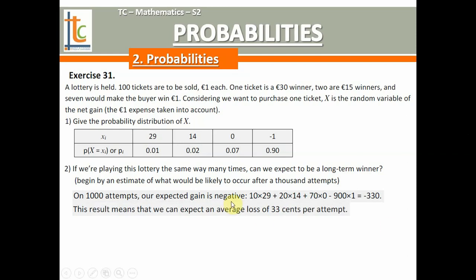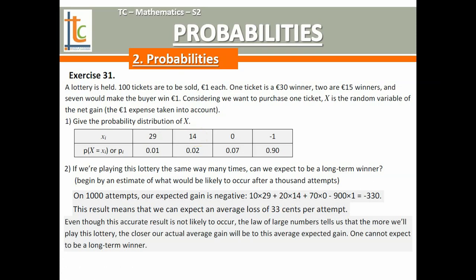Okay? So we can expect an average loss of 33 cents per attempt. And indeed, if we calculate the expected value, E of X, the sum of p_i x_i, we have to multiply this number by this one, this number by this one, and so on.